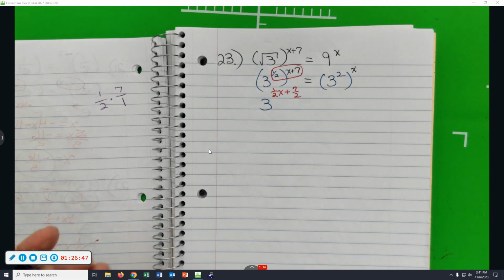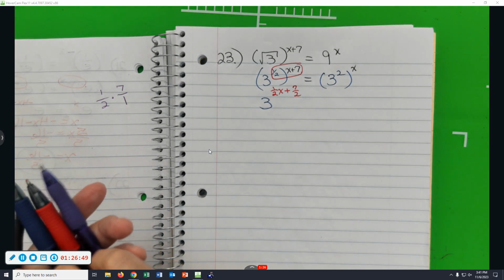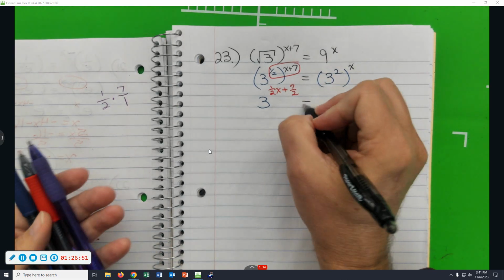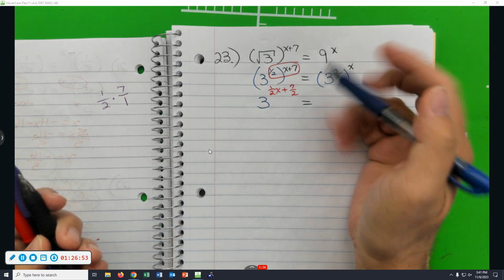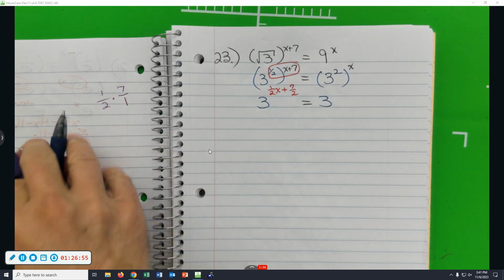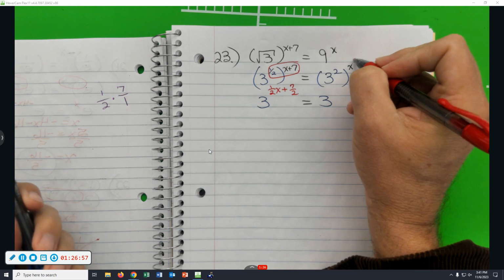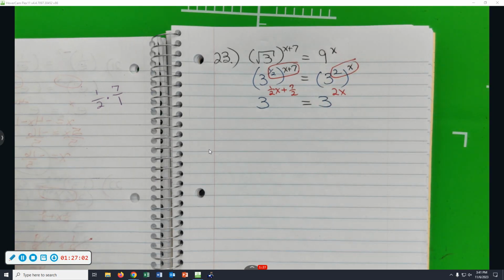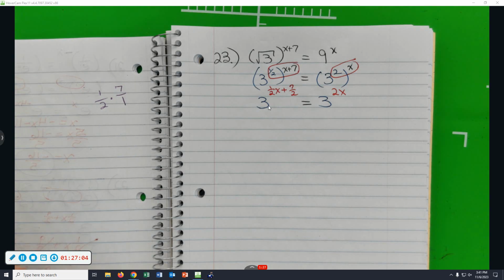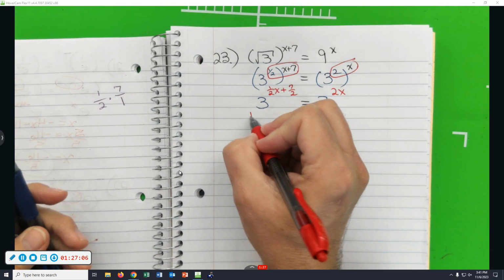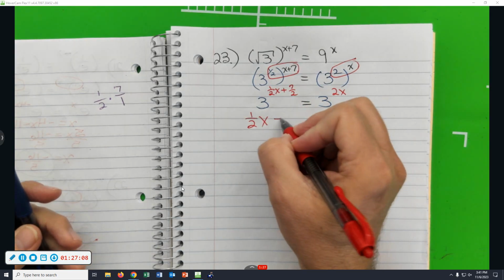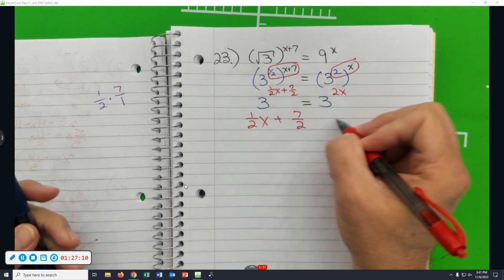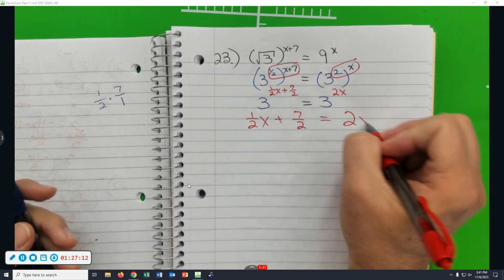Now what's the exponent on the right-hand side? 2x. 2 times x, I agree with 2x. Then we drop the base, set the exponents equal, so we have a 1/2 x plus a 7/2 is equal to 2x.